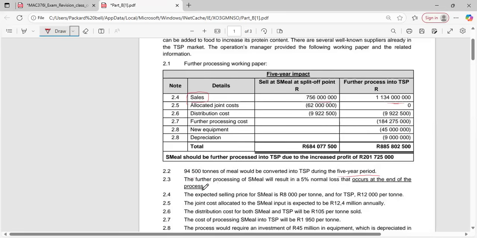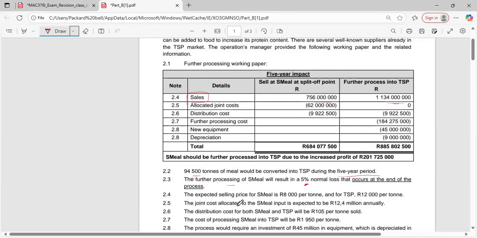Then they say the further processing of S meal will result in a normal loss that occurs at the end of the process. So when we do further processing, there's going to be a normal loss, which means at the end of the process, when you further process S meal, you no longer have 94,500. You have to minus the 5% normal loss.